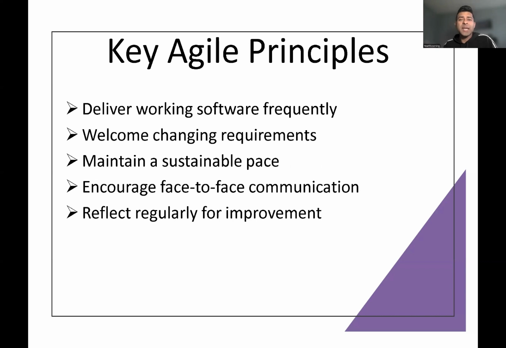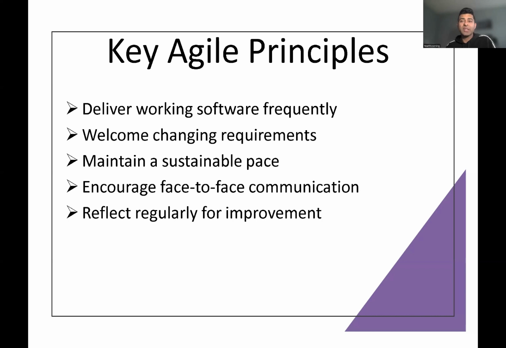So what are the key agile principles? Deliver working software or product frequently. Welcome changing requirements, because it's only a 2 week sprint, so you can easily take requirements. As I said, once you get a formal approval from the stakeholder, there's very little chance that you are not making the right product. But if it happens, you are still in agile, which can take requirements quickly. Maintain a sustainable pace.